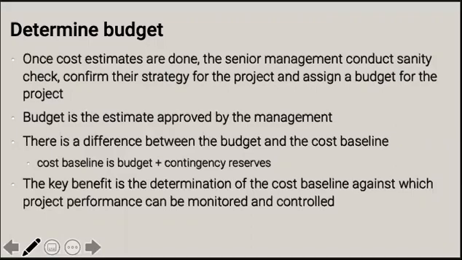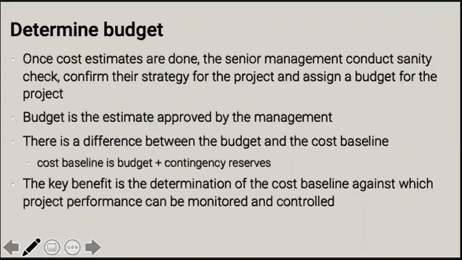And cost estimates, plus the contingency reserves, is what gives us the cost baseline. Now, just because the identified risks are accounted for doesn't mean that these are the only risks that are applicable. So that's why, as I mentioned, we are going to have the management reserve.